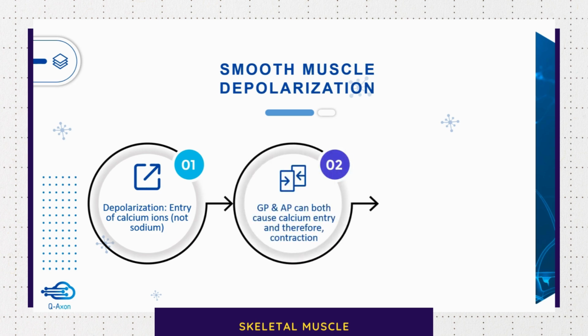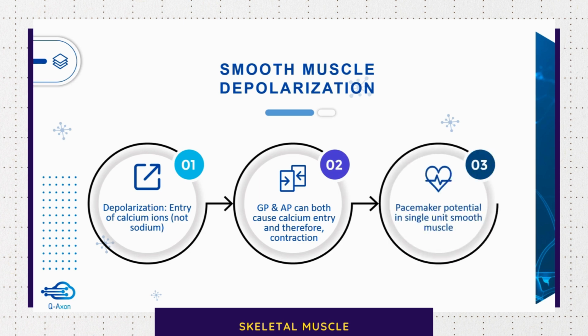Secondly, both the graded potential and action potential can lead to calcium entry and therefore depolarization and contraction, unlike skeletal muscle where only an action potential can do this. And finally, if you take single unit smooth muscle, it is capable of generating pacemaker potential, which is not seen in skeletal muscle at all.